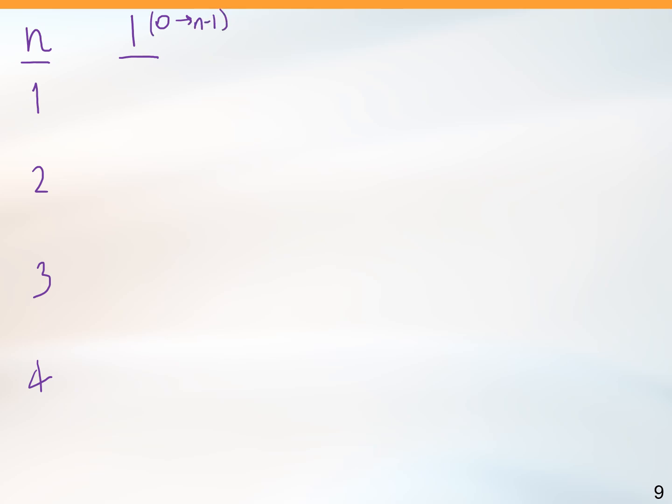So if n is equal to 1, L can have only one value, 0. This doesn't mean that there is no L. It means there is one value for L, the value of 0, which means that there is only one kind of orbital defined by its shape in n equals 1.